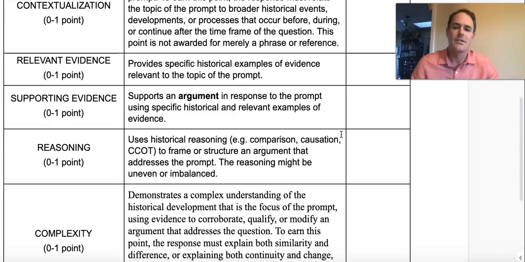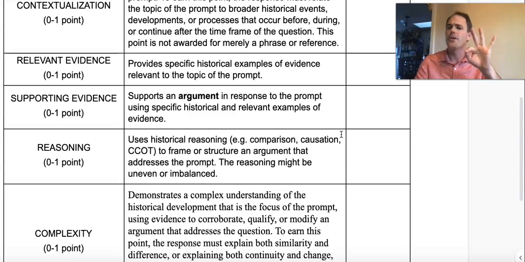So having some walls up, that's like having some evidence. Having the foundation plus the walls up, well, now we're talking about relevant evidence with supporting evidence. Okay, that helps. We're building a house this year. We're putting all these pieces together in order to craft an excellent historical argument in an essay.